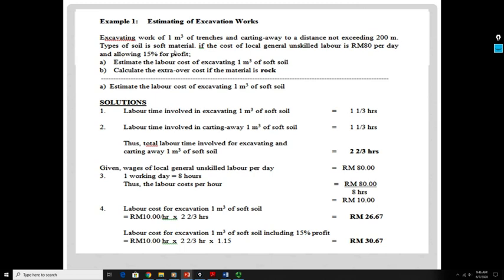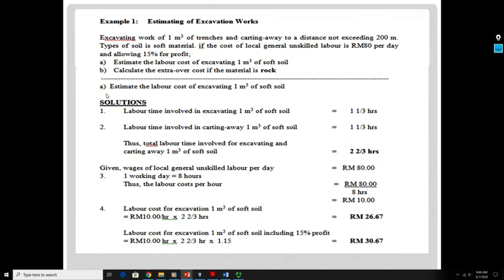Type of soil is soft material. The cost of local general unskilled labor is 80 ringgit per day, allowing 50% for profit. A, estimate the labor cost of excavating 1 meter cube of soft soil, and B, calculate the extra over cost if the material is rock.